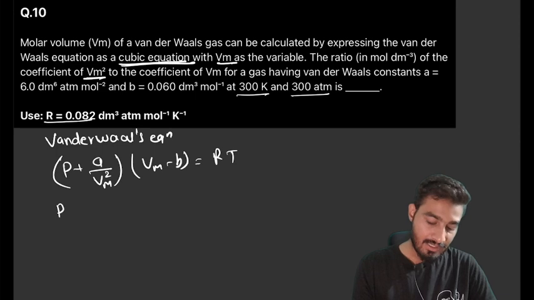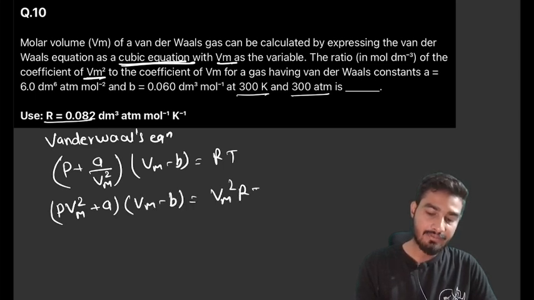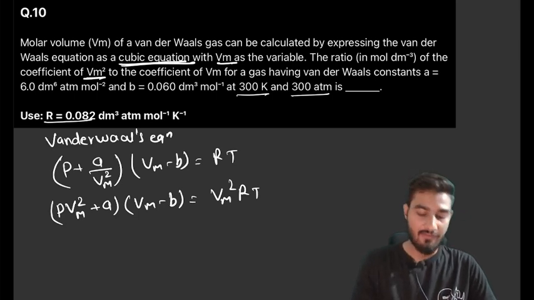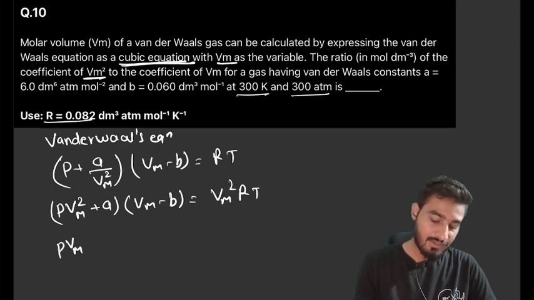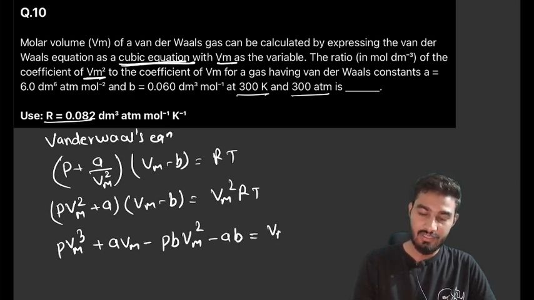What is it? P into Vm square plus A, times Vm minus B, is equal to Vm square RT. Simple. And when I open this bracket, it will be a cubic equation: PVm cube plus AVm minus PBVm square minus AB is equal to Vm square RT.